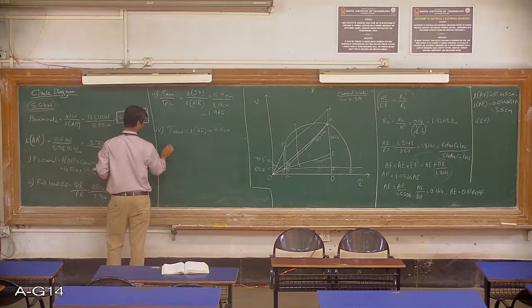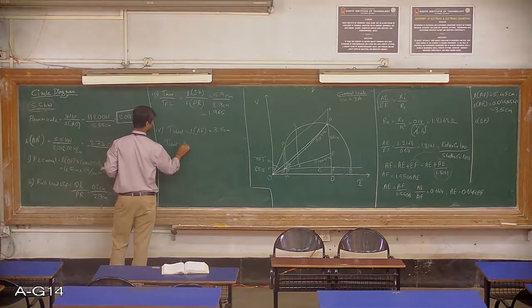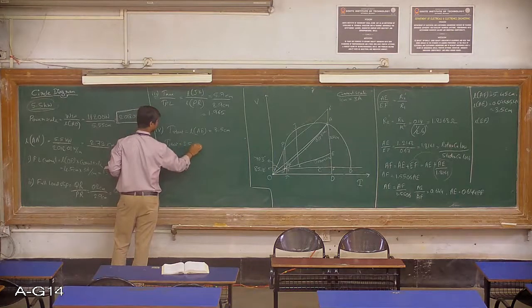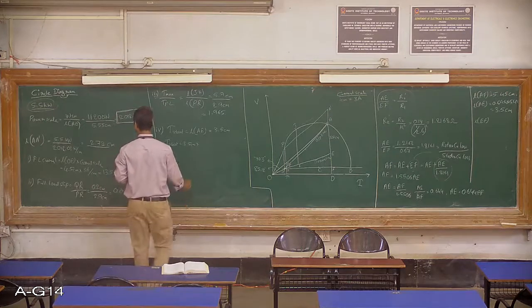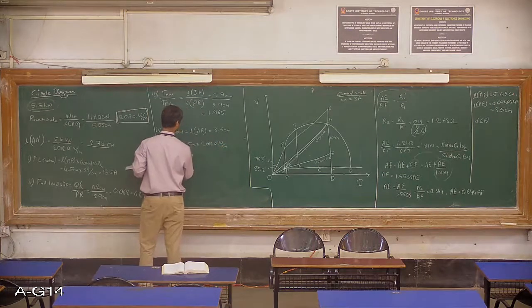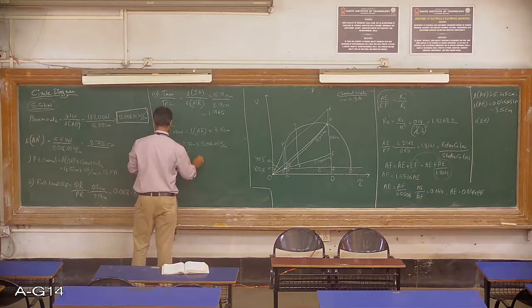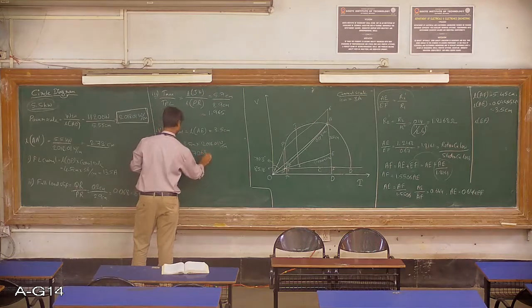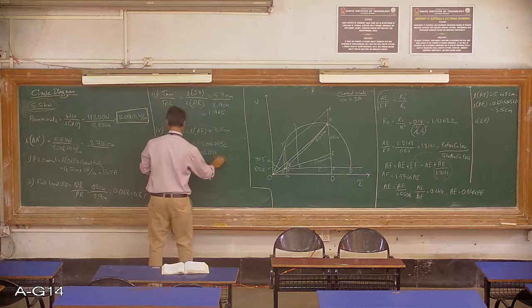We know the power scale, so T start, I can write it as 3.5 centimeters into 2018.01 watts per centimeter. So centimeter will get cancelled, and hence it is equal to 7063.035 synchronous watts.